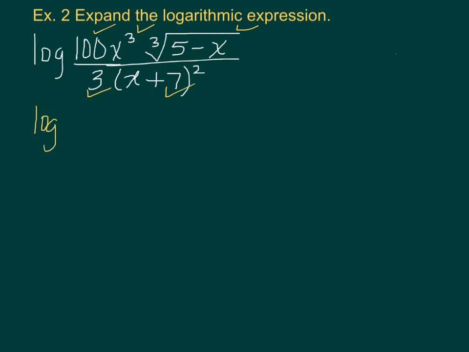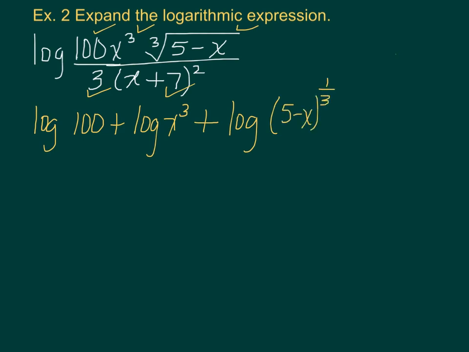Log of 100 plus log x cubed plus log, watch what I do with this, 5 minus x to the 1/3, because that's what cube root means. All right, everything on the bottom gets the minus because it's the quotient. Minus log 3 minus log, watch this, x plus 7 to the 2nd power. There are your 5 terms that you're expanding.